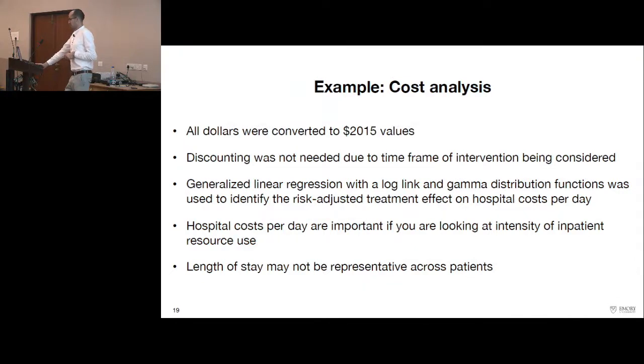And then they used generalized linear regression models with a log-link. Log-link means that most cost data, the distribution is very skewed, fairly resembling a log normal distribution. So taking a log of the costs makes the data more symmetrical.